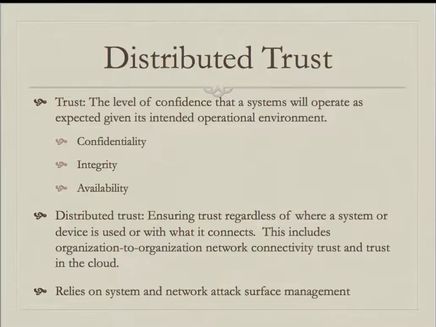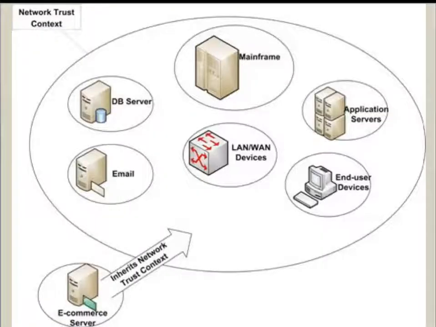Distributed trust is ensuring trust regardless of where a system or device is used or with what it connects. This includes organization network connectivity trust and trust in the cloud. So I have to extend trust. I start with this. Every system, every device that I put onto the network should start with its own internal level of trust.